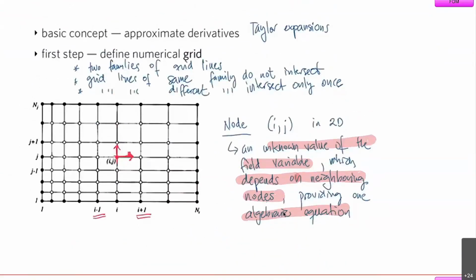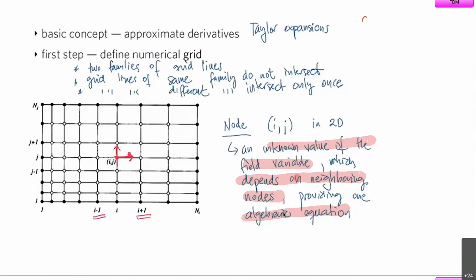So to approximate the derivative, remember for du dx of ij, this is basically a slope that we want to estimate. Using Taylor series, we can try to estimate the given function.